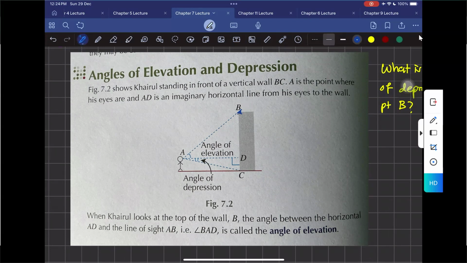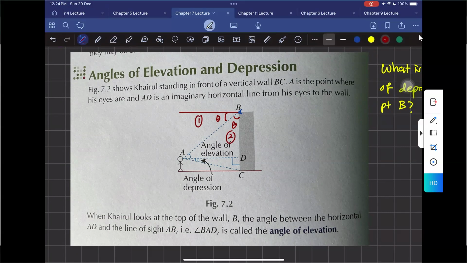If he's looking at this man, what is the angle of depression from this point for the man at point B? So you have two options. Is it going to be this angle, or is it going to be this angle? One or two? So, what is your option?